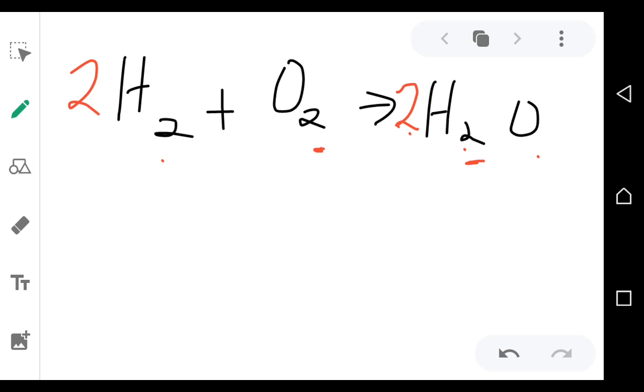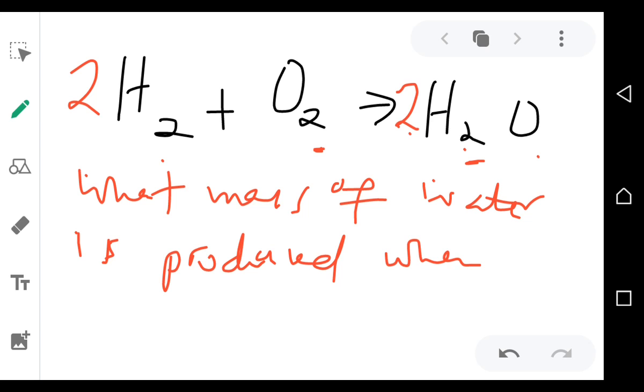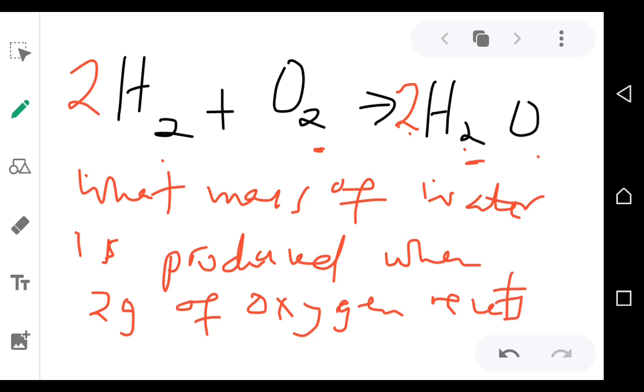The question can come, they can say, what mass of water is produced when 2 grams of oxygen reacts with hydrogen.